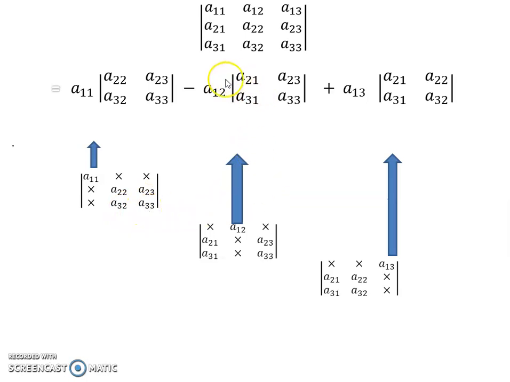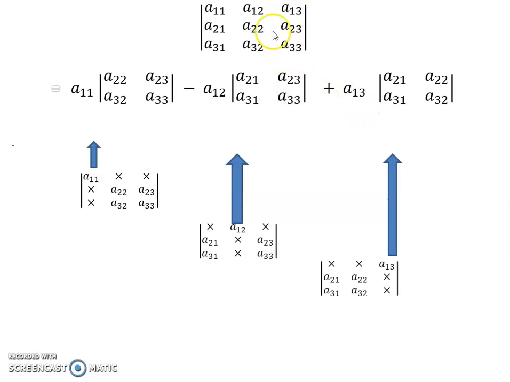Now, the same situation for the second, but the middle sign is always negative. The center of column number 2 and row 1 is A12, which you should write here. Skipping column 2 and row 1, what is remaining? A21, A23, A31, A33. Then plus, obviously.